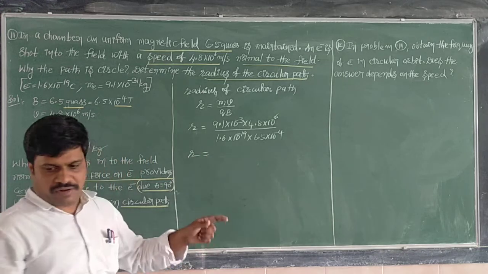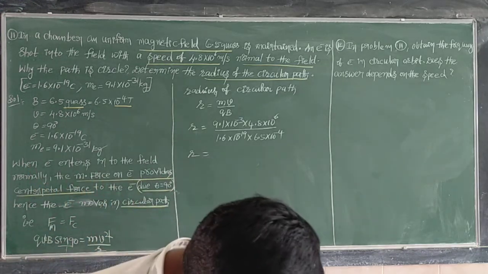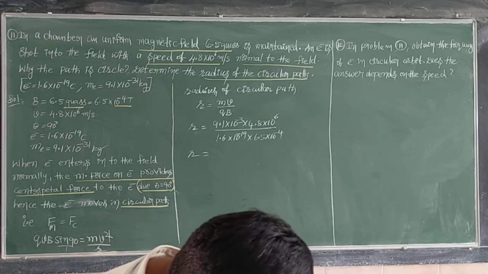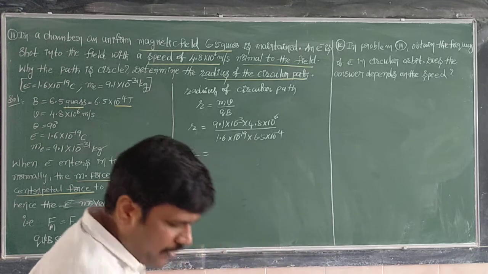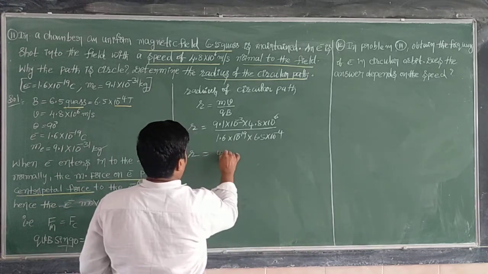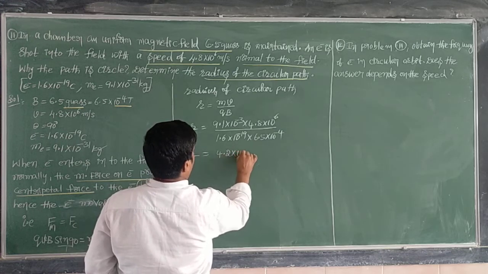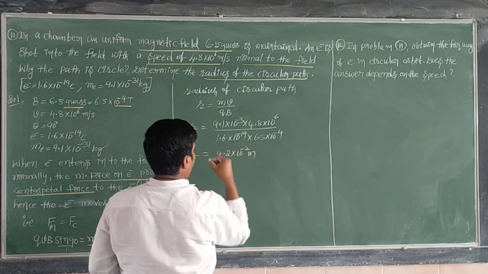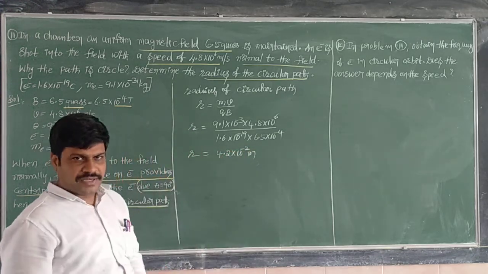After simplification of all these values, the answer is 4.2 into 10 power minus 2 meters.